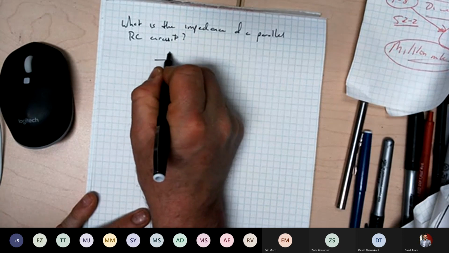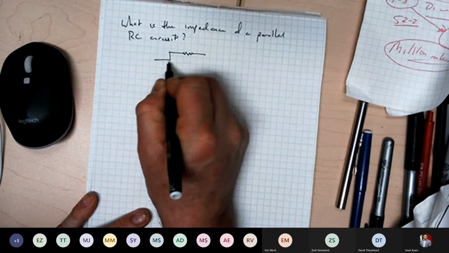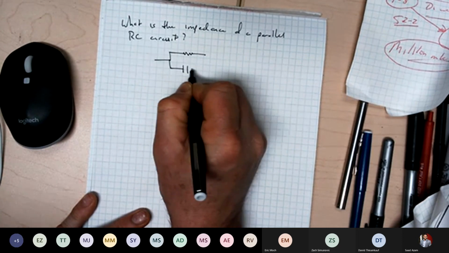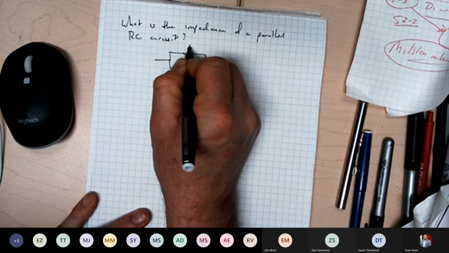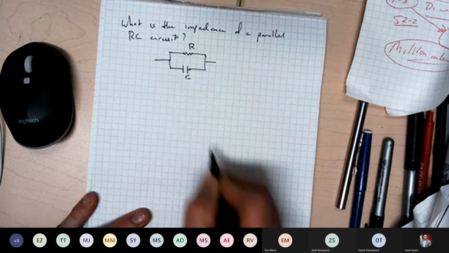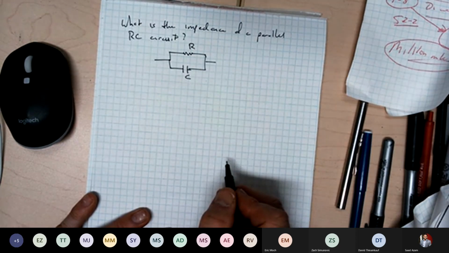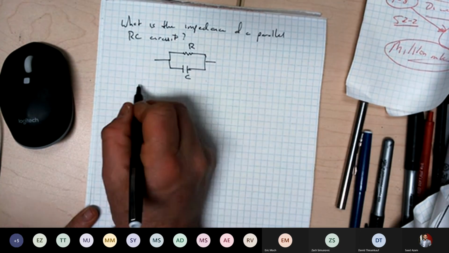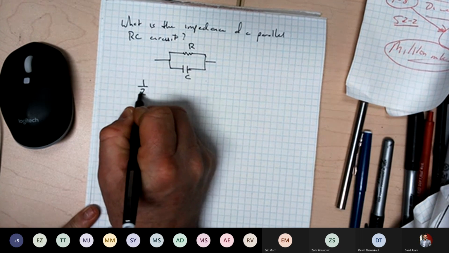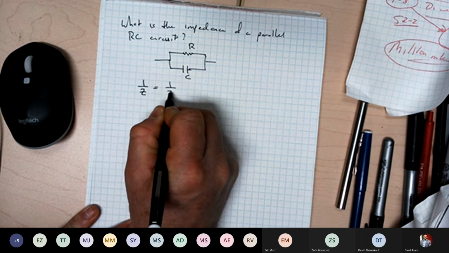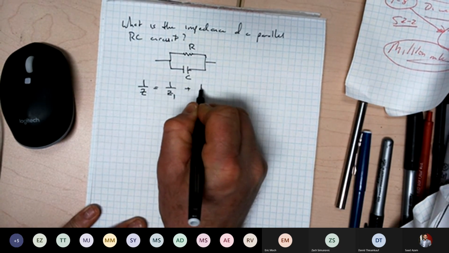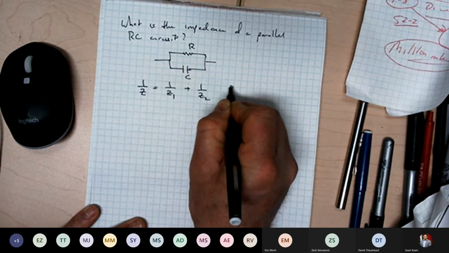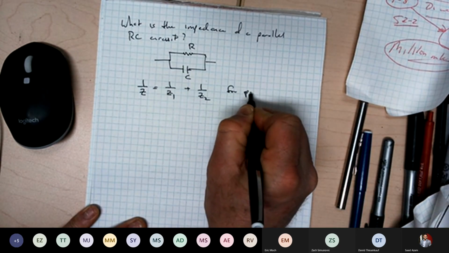So here we have a resistor and a capacitor in parallel, and we want to know the impedance of this thing. Well, if you have parallel connected circuit elements, then 1 over Z is 1 over Z1 plus 1 over Z2 for parallel.